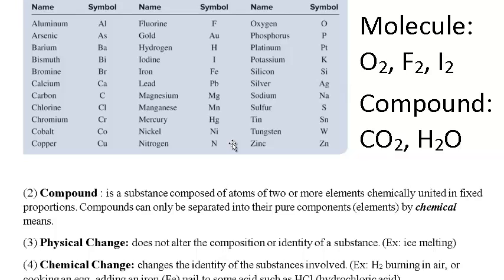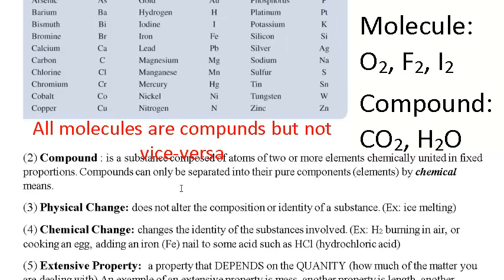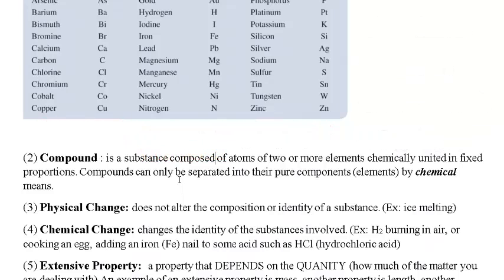So the distinction between a molecule and a compound is that if they're the same atom and it's a diatom or triatom or S8, 8 atoms of sulfur joined together, 2 atoms of oxygen joined together, then it's a molecule. If it's a heteroatom, such as carbon dioxide or H2O water, then it's a compound.